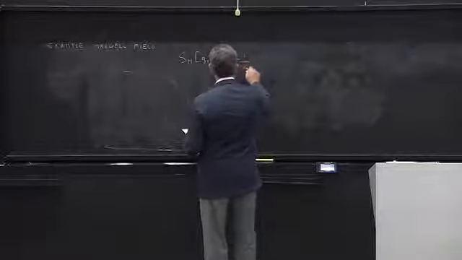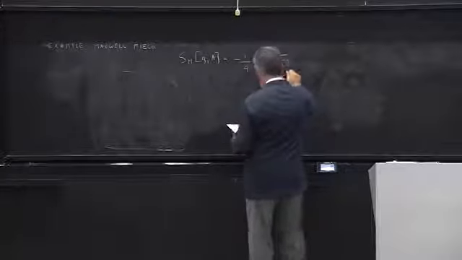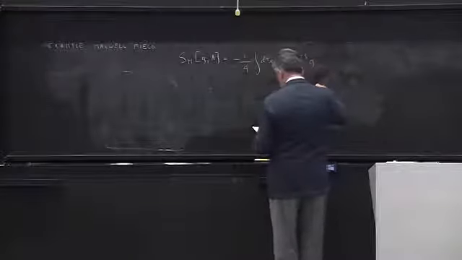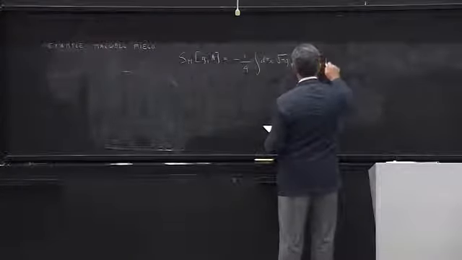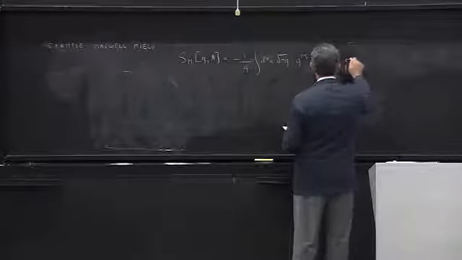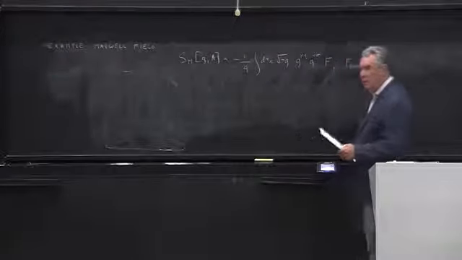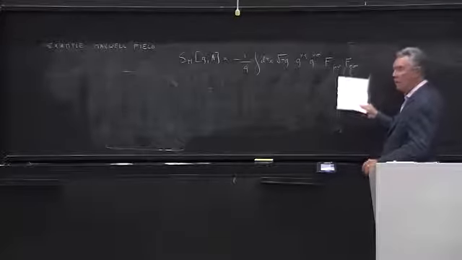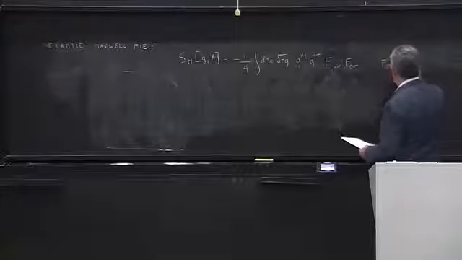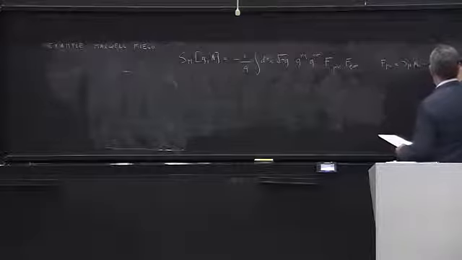Now there's a minus 1/4 integral d4x. So we follow the same prescription, replace Minkowski metrics by Riemannian metrics, and ordinary derivatives by covariant ones. But once again, we don't need the covariant derivative because the curl of a vector is the same thing.